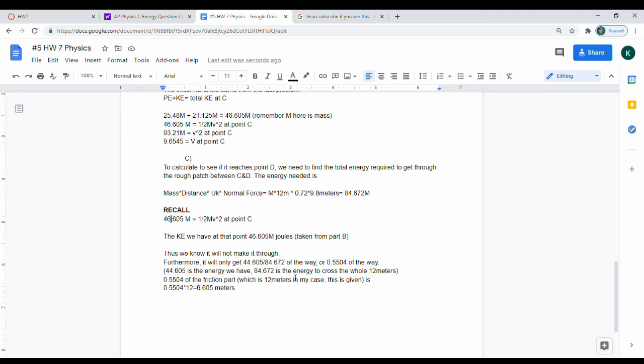Now, if yours was strong enough to go through, you would have to find the difference, because your energy would be higher at point C than what you need to get through the friction. So then you just subtract them, and then you do 1/2 mv squared again, but with the new difference between what you do have and what you need to get through.